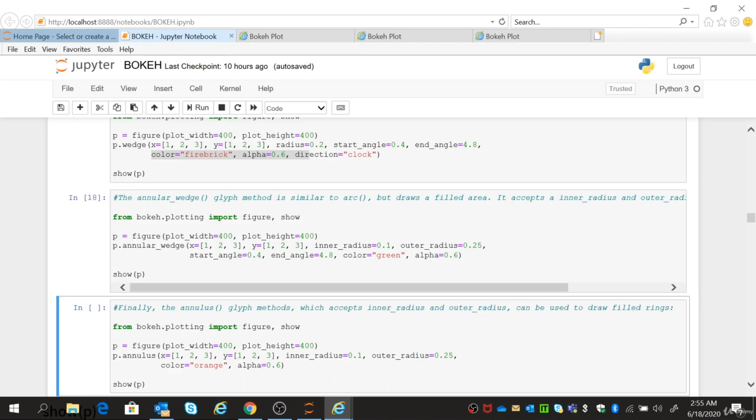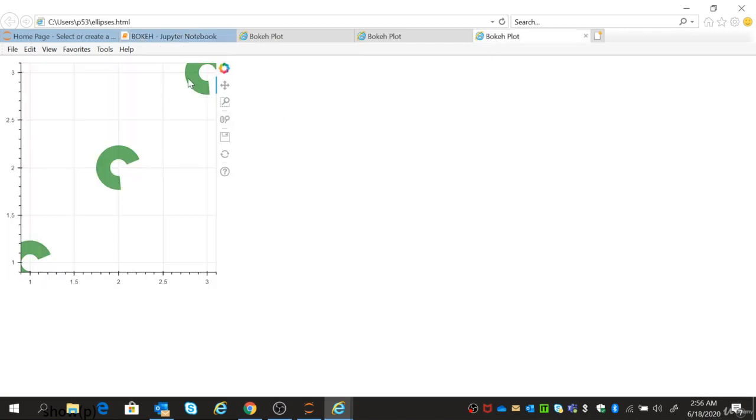So since inner and outer radius have been mentioned, accordingly you can see how the inner and outer radiuses are there. If you compare these three, the very first plot, simple arcs, and this, the direction is the same for all three. This is a simple arc.